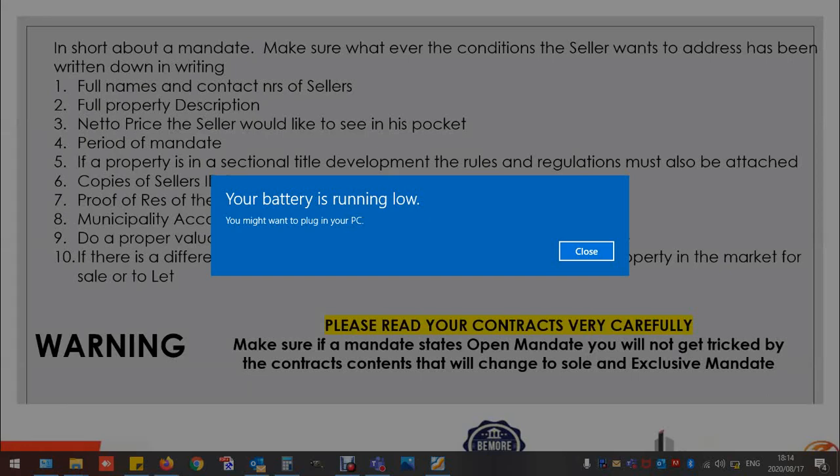They contacted me and said, yes, they've got a sale mandate on the property. I asked them, please send me your sale mandate, which they did. I went to the owner and said, number one, I cannot get access to the property. Please give me the copy of the mandate.